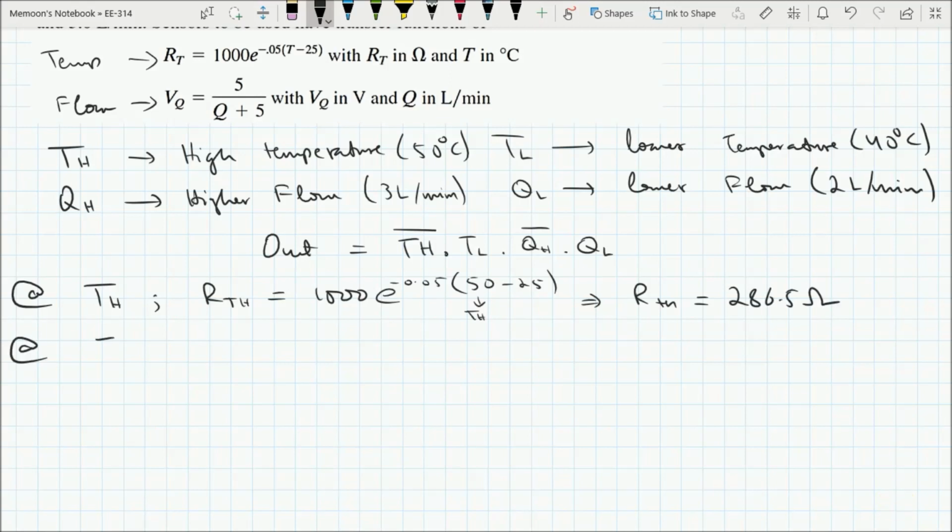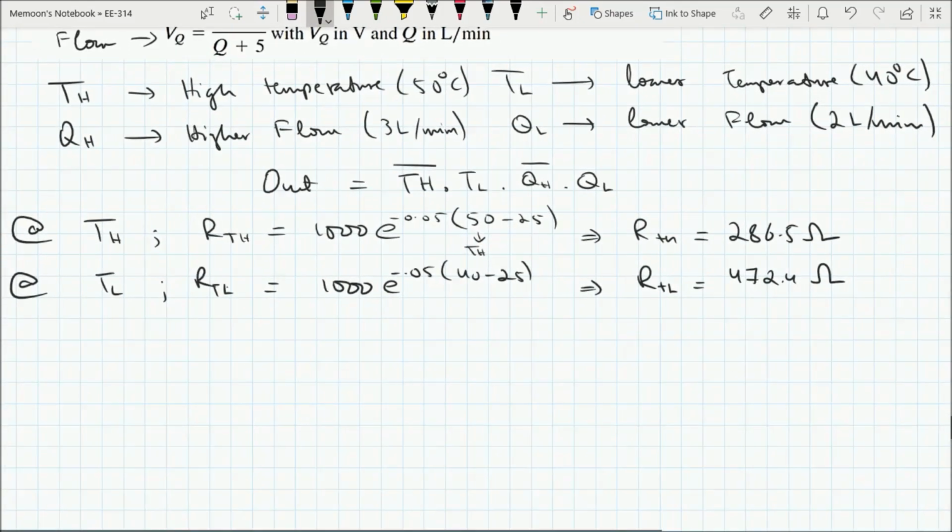Similarly, at TL, RTL will be equal to 1000 into e raised to power minus 0.05 into (40 minus 25), and this gives us RTL equal to 472.4 ohms. And from here we can see that this temperature sensor has a negative temperature resistance coefficient.